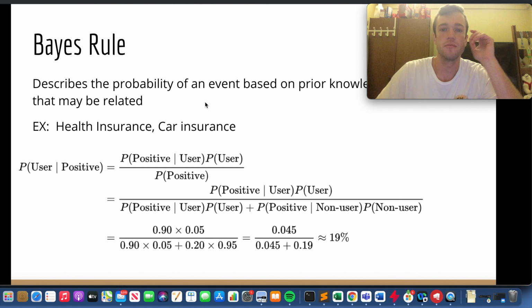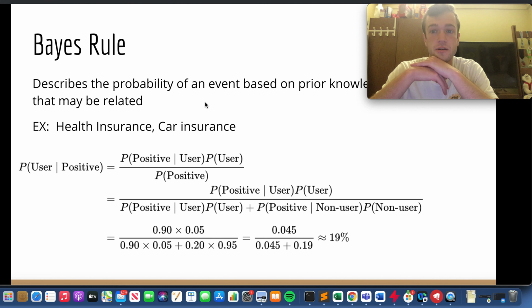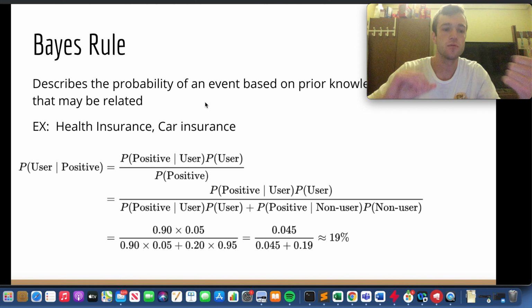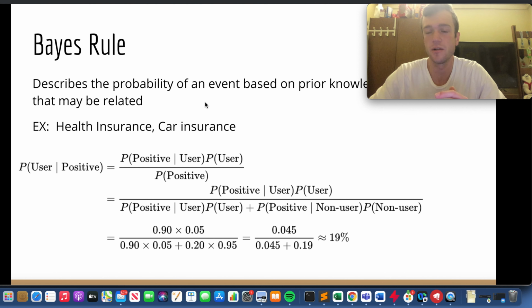So the next major thing that we covered in the course so far is Bayes' rule. Bayes' rule describes the probability of an event based on prior knowledge of related events. Typical examples of this are used in healthcare or car insurance.